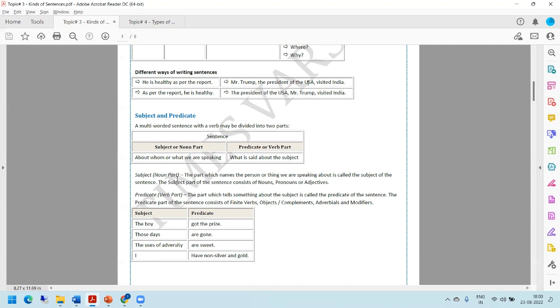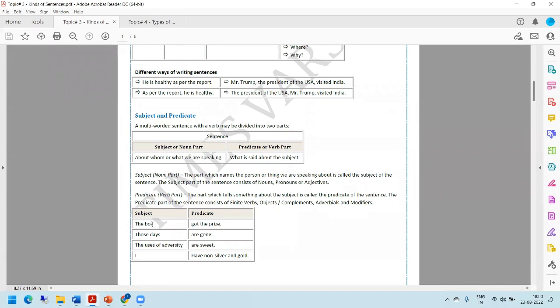So what is the subject? The noun part, the part which names the person or thing we are speaking about, is called the subject of the sentence. The subject part of the sentence consists of nouns, pronouns, and adjectives.